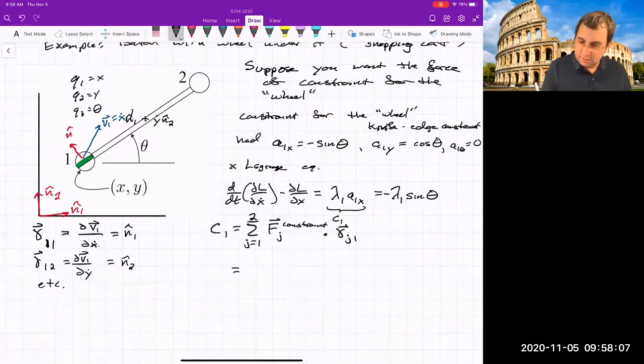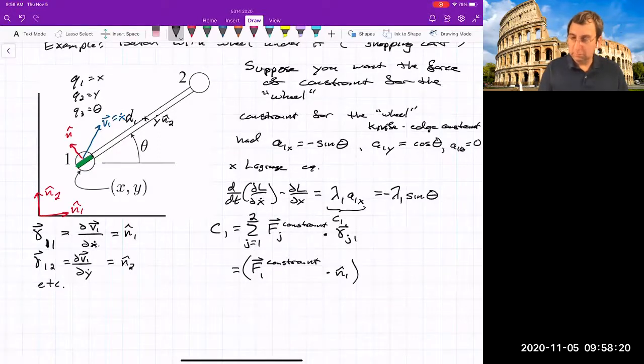the force of constraint on particle 1 dotted with N1, which basically means the x component of the force of constraint on particle 1.